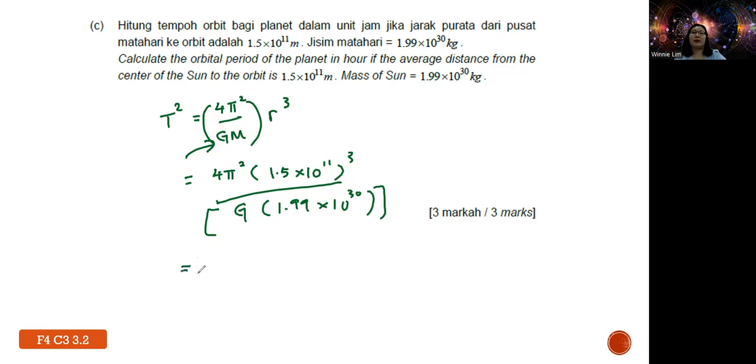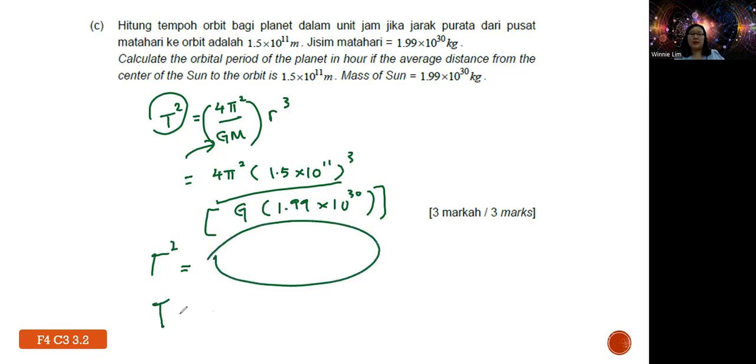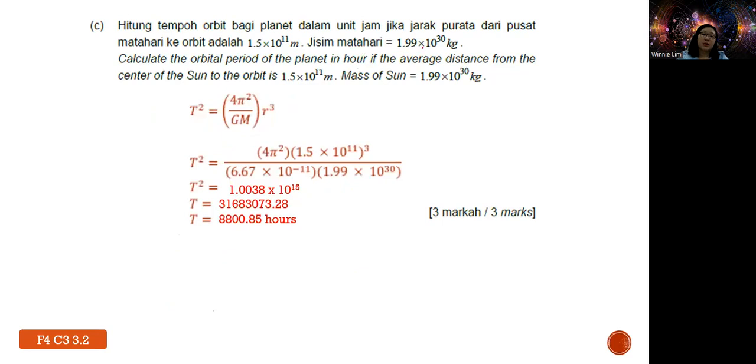Then at the end, you will get the answer, but it's still in t square, you know. So you have to get t by square root of the whole answer that you get. And then at the end, you have to change to hour, by dividing 3,600. So hence, you will get the answer of 8,800.85 hours.